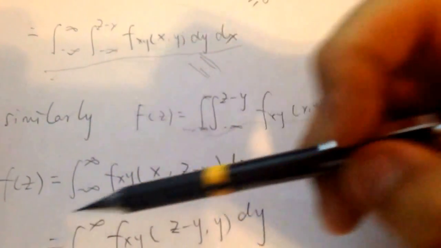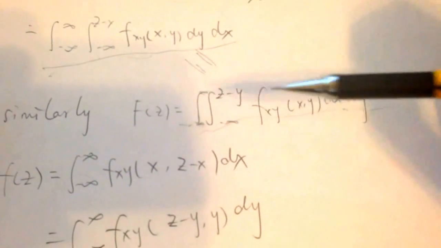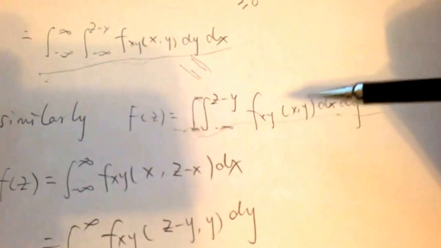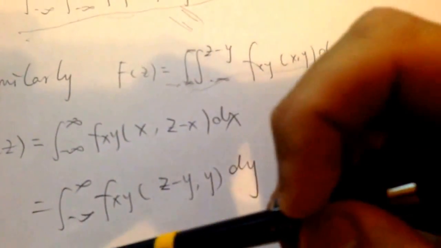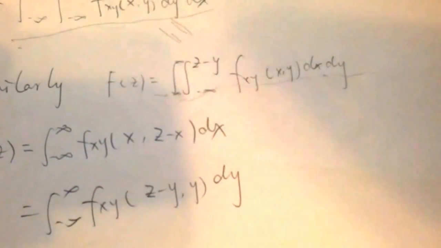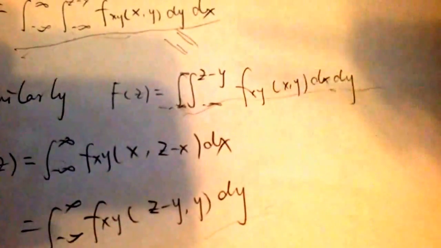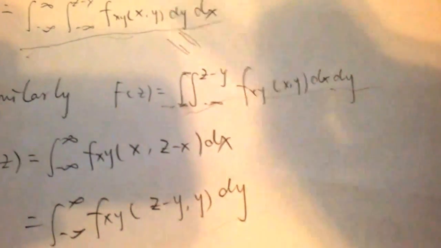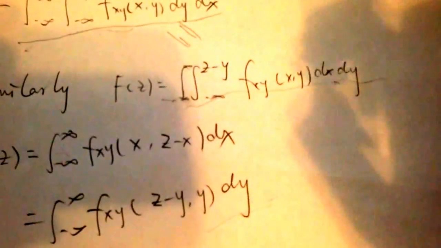Here we get the little f of z equals the integral of f(x,y) of x, z minus x, and also equals this. When we get this, we come back again to the first method, which we already proved right. So here it's also right. So it gets proved.